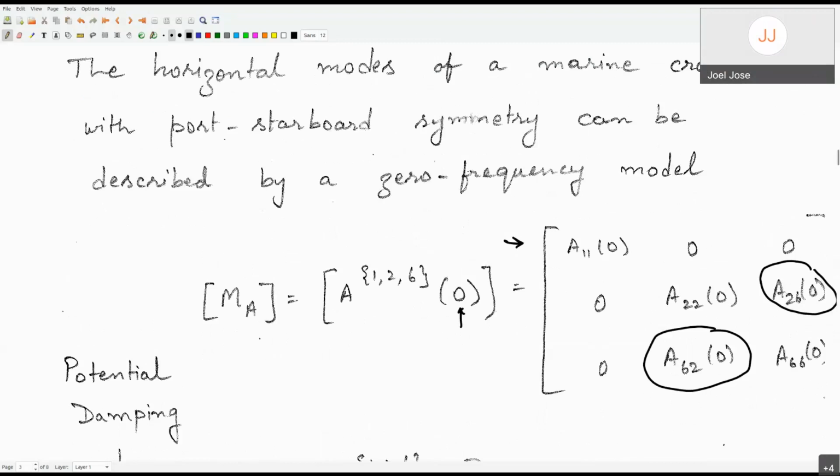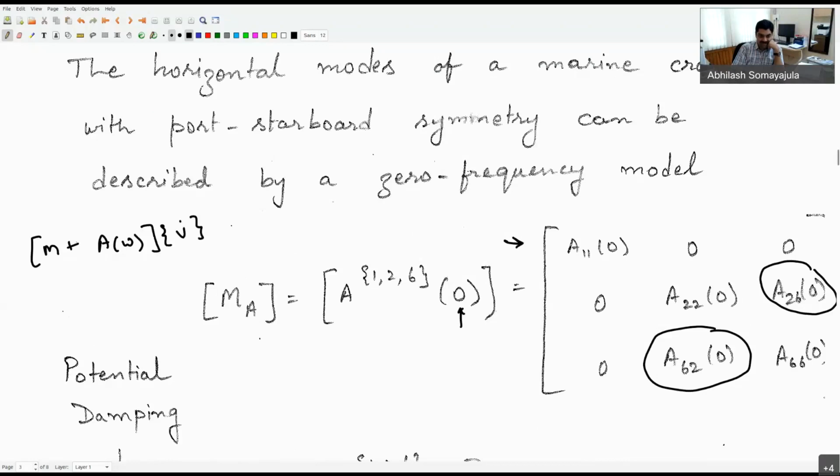Okay, so typically your added mass is a function of frequency, right? So you have M plus A of omega times the so-called acceleration, plus the damping, which is also dependent on the frequency, times the velocity, plus the so-called stiffness matrix times the displacements, which in this case I call zeta.